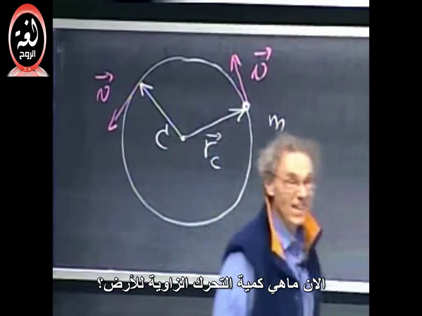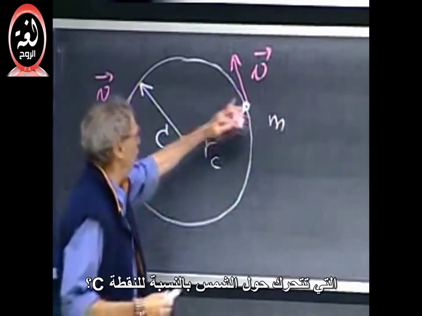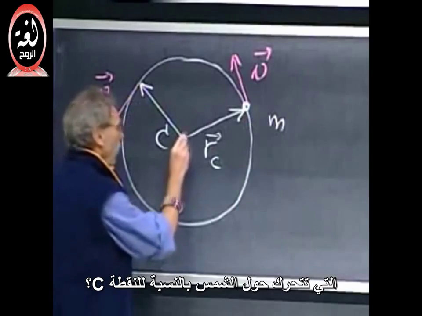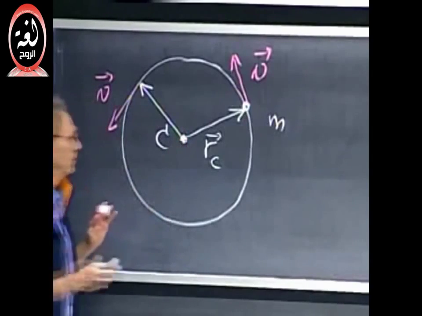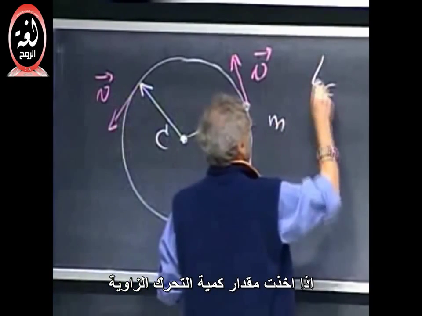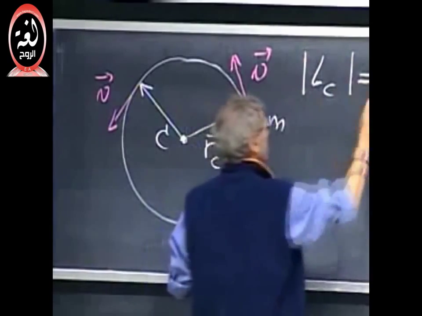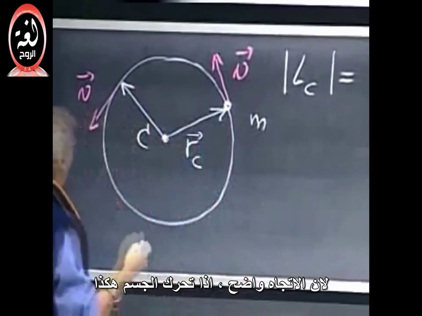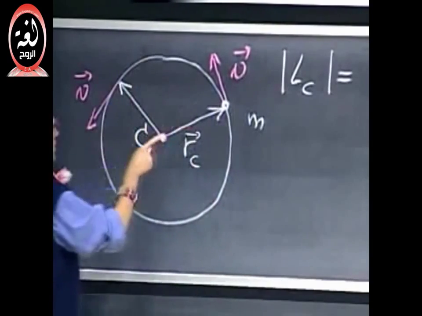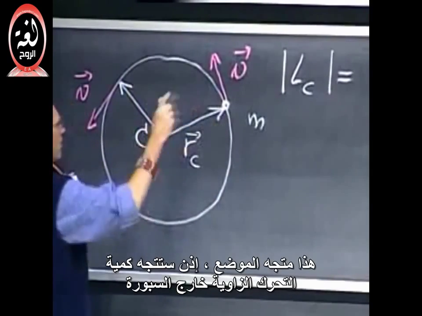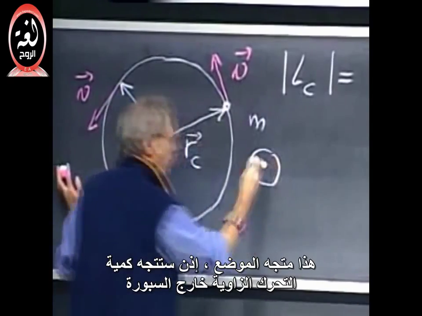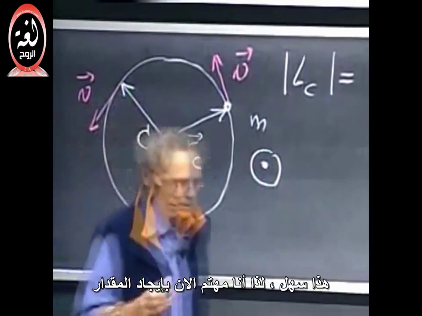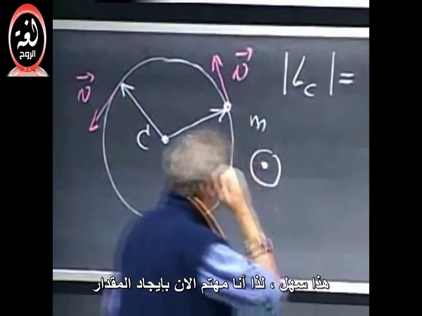What now is the angular momentum of the Earth going around the Sun relative to point C? I pick C now. Well, I'll take the magnitude of the angular momentum, because the direction is immediately obvious: if the object is going around like this is the position vector, then the direction will be pointing out of the blackboard. That's easy.